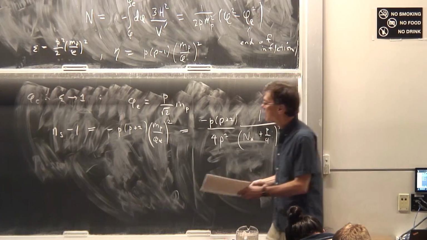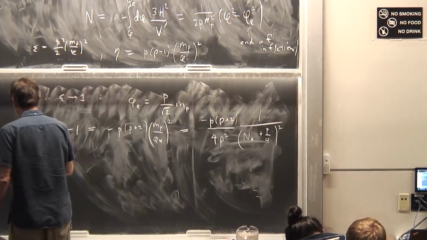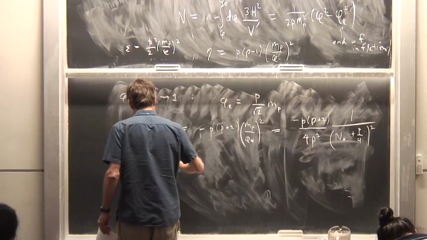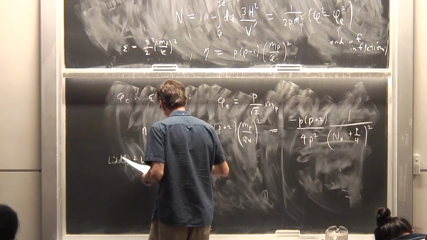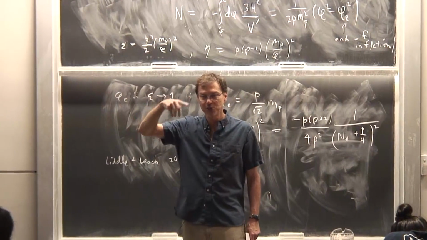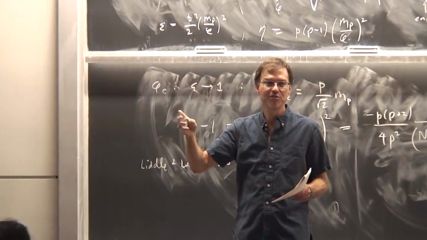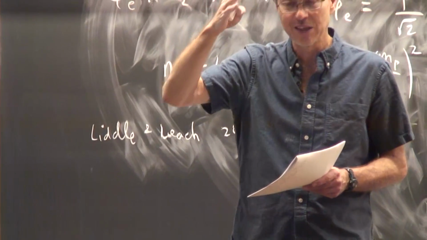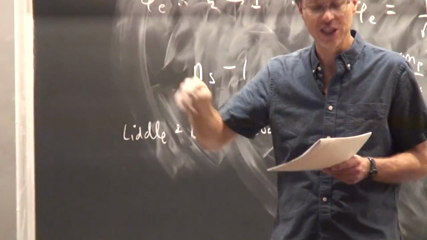And so for that, we need to go to the formula that I alluded to from Liddle and Leach 2003. And basically, it's just doing exactly what I did on that picture with the triangle, except doing it more carefully and taking into account what exactly goes on during a realistic reheating process.